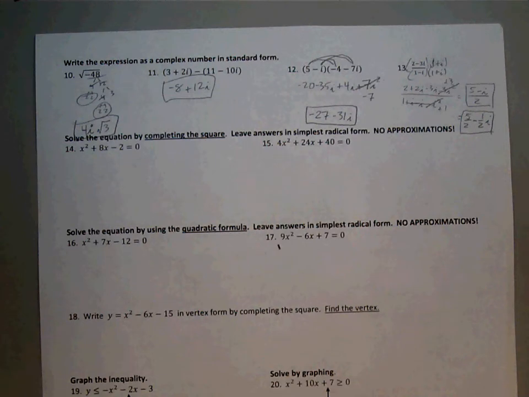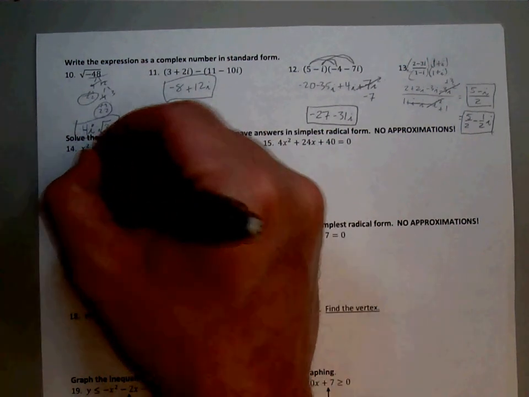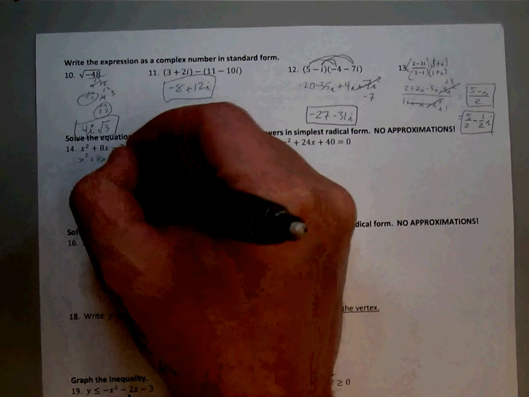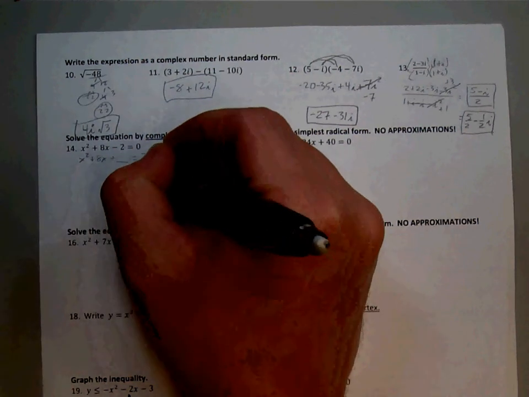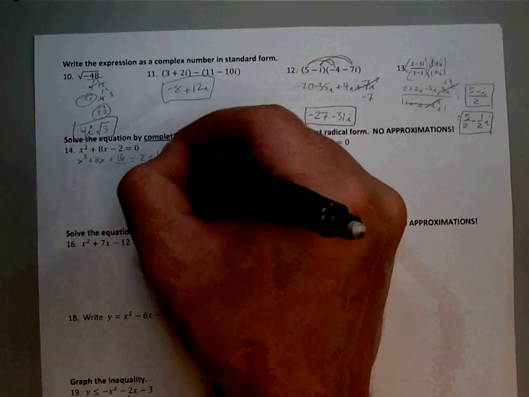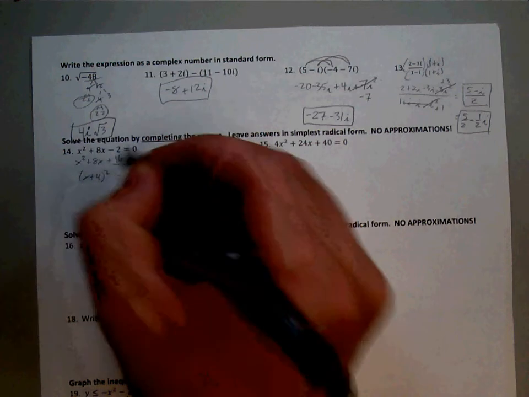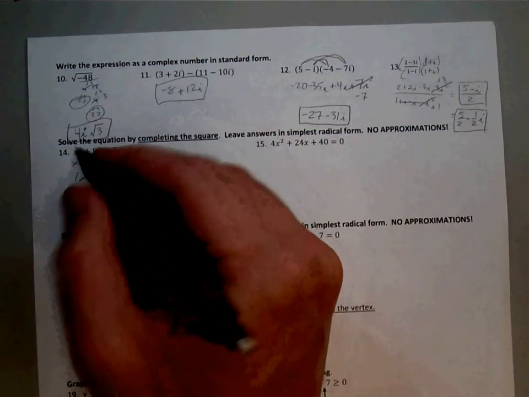Okay, number 14, complete the square. I'm going to add the 2 over. Half of 8 is 4, squared is 16. I'm adding 16 into both spots. So x plus 4 squared. Over here, 2 plus 16 is an 18.